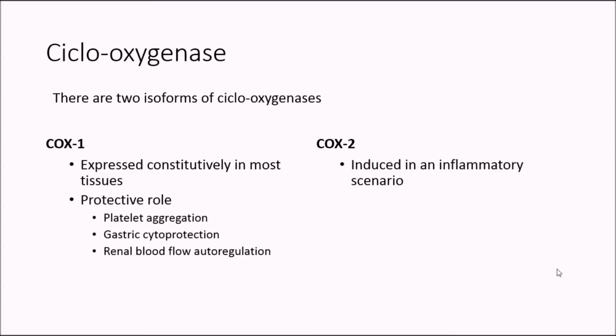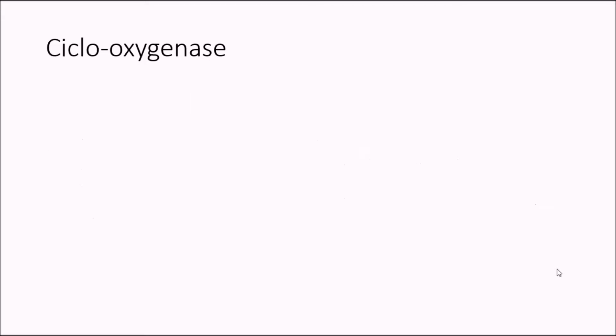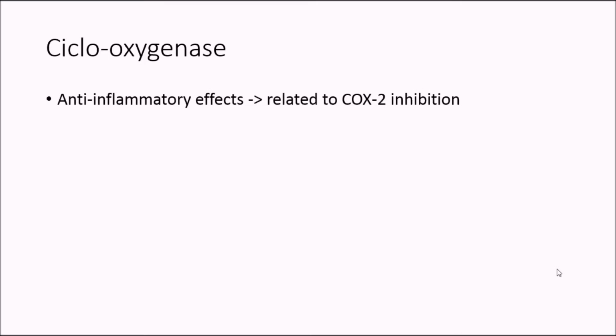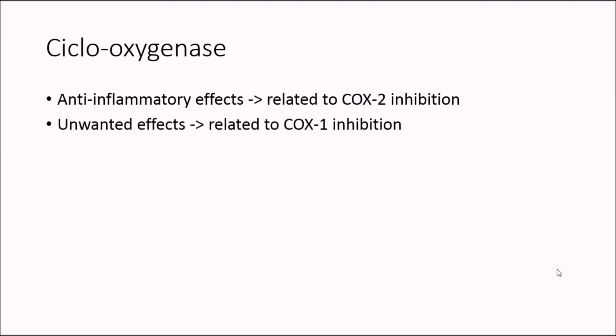COX-2 is induced in an inflammatory scenario, and it is mainly involved in production of inflammatory mediators. It is described that the anti-inflammatory effects are related to COX-2 inhibition, and on the other hand, the unwanted effects are related to COX-1 inhibition.